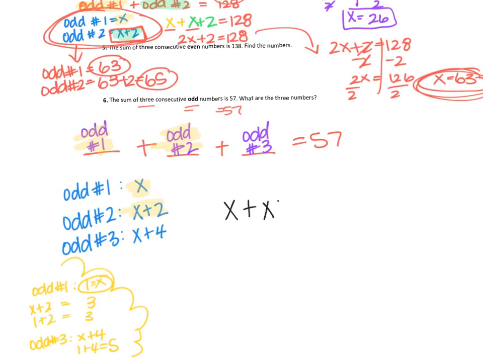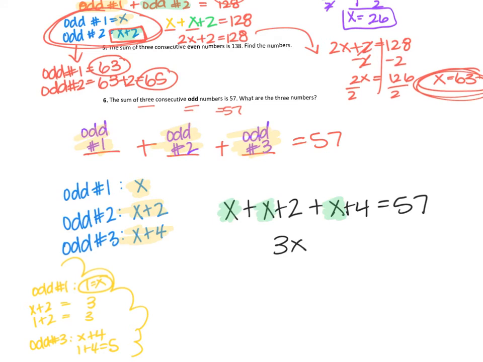So I'm going to write x plus 2 plus, lastly, we identified odd number 3 as x plus 4. And we know that equals 57. All right, so if we combine like terms, we have 1x, 2x, 3x.